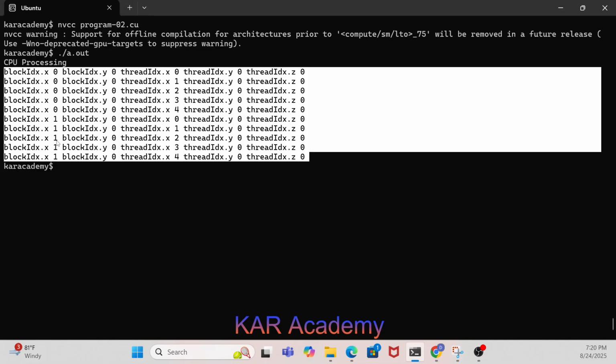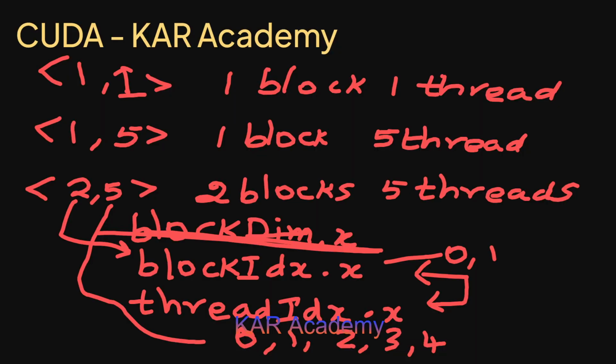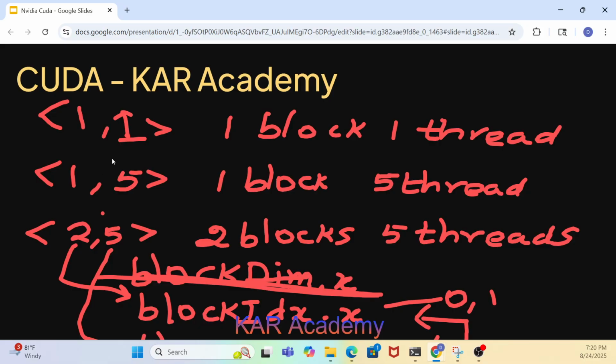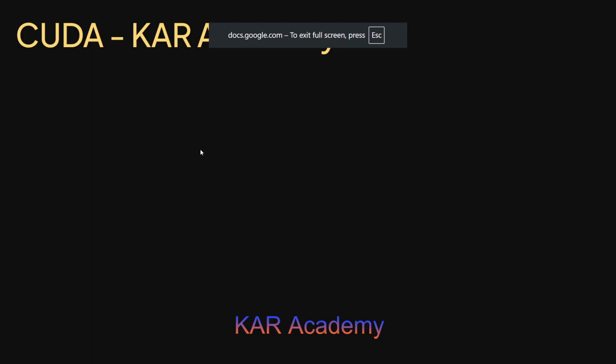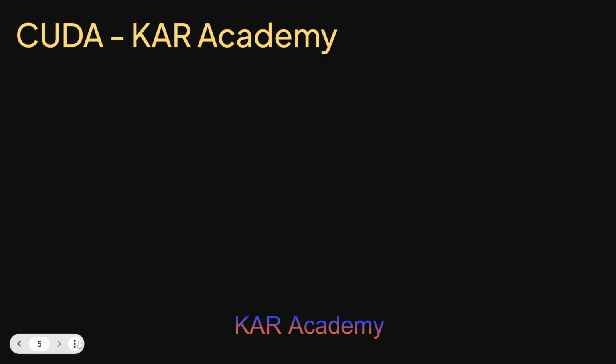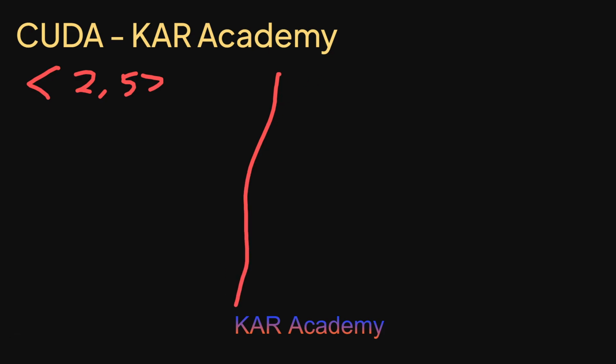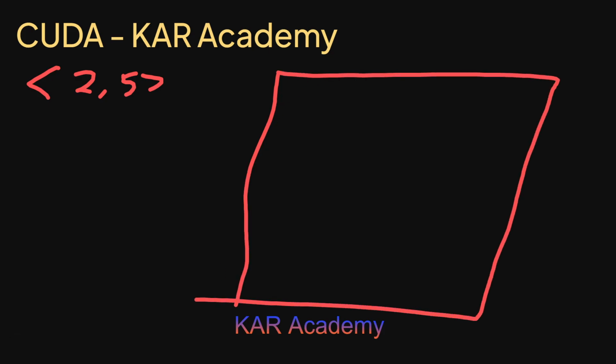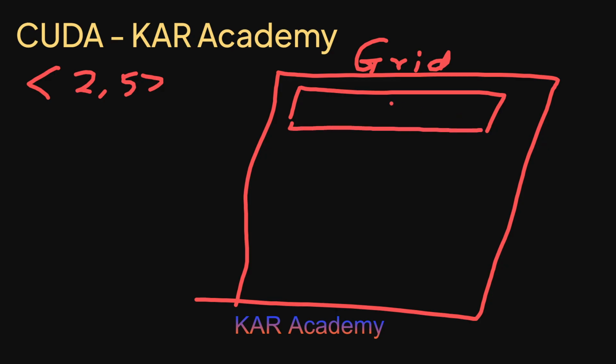So the way it looks is basically, let me erase this. When we say 2, 5, what happens is we have a grid. This is the grid, and this grid has two blocks, just two blocks, one-dimensional.